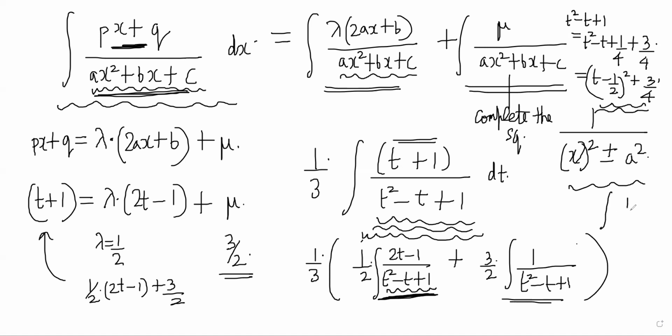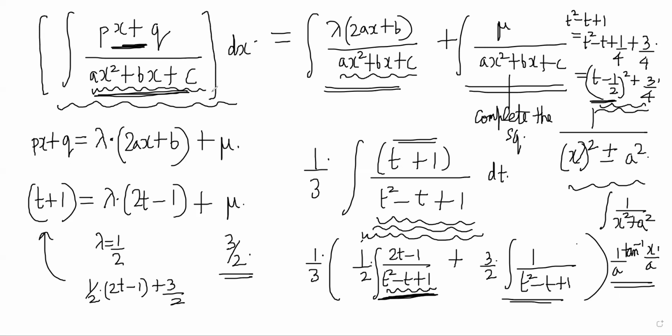And now this is a standard form. It is of the standard form integral of 1 by x square plus a square, right? 1 by a tan inverse x by a, right? Yes, sir. इससे आ जाएगा 1 by a tan inverse t minus half by √3/2, right? Yes, sir. So please remember this method.